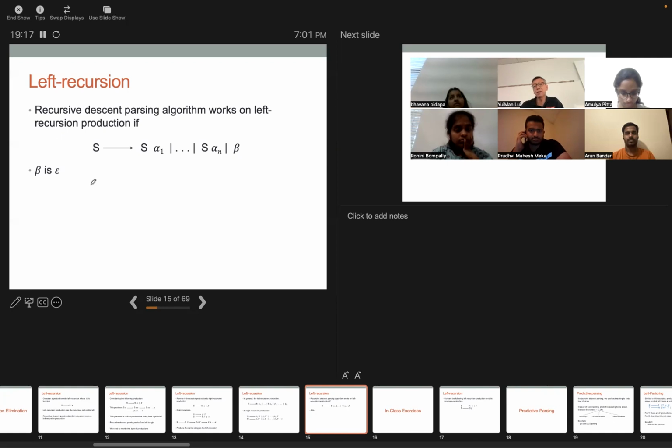If your beta is the epsilon, then the left recursion is okay. Otherwise you need to rewrite it. So this is the requirement for the recursive descent algorithm. Basically, it does not like left recursion. Everyone remember that? Okay.